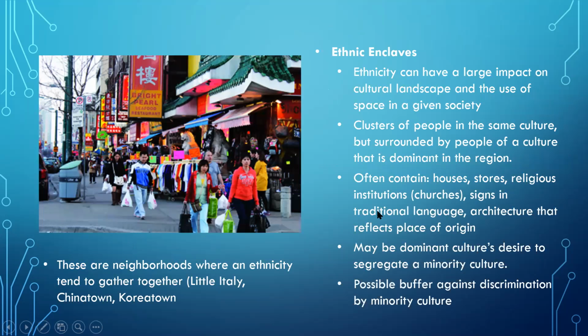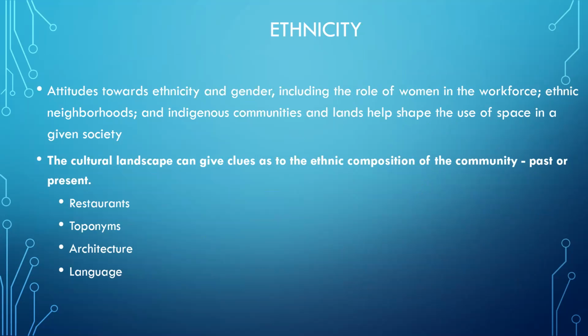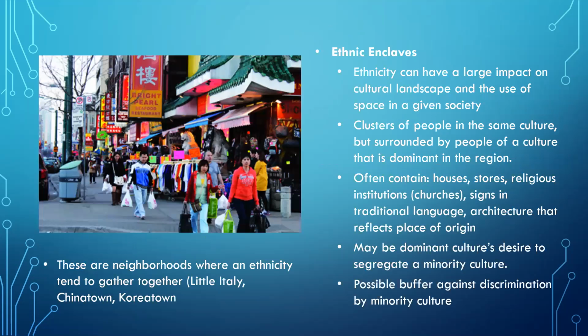Specifically, we're going to be looking at ethnic enclaves, ethnic neighborhoods. The city can have a large impact on cultural landscape and the use of space in a given society. These are clusters of people of the same culture, but surrounded by people of a culture that is dominant in the region. These ethnic enclaves often contain houses, stores, religious institutions, signs, and traditional language.